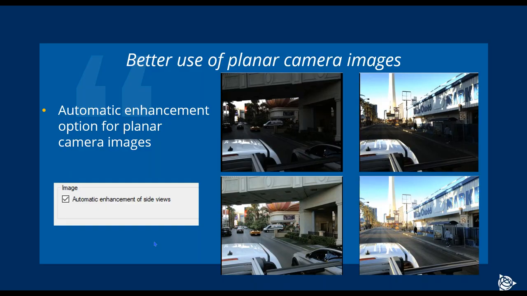On the bottom part of the slide, you can see how the same picture is visualized with the recent enhancement that has been implemented. So better visualization means more data delivered out of imagery, better inspection and orientation in the mobile mapping mission.